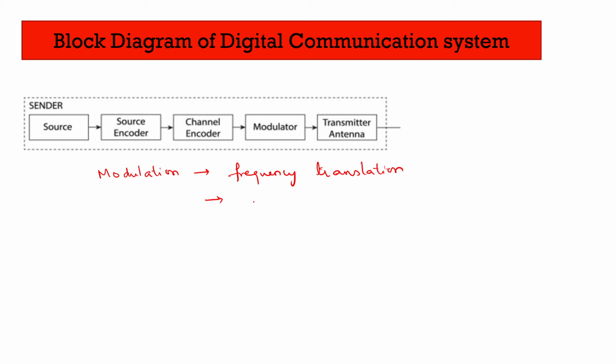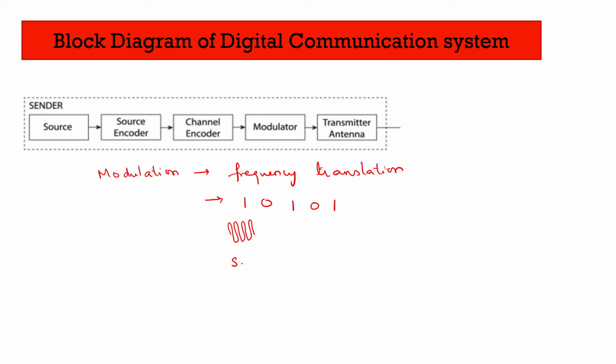For example, if I have a bit stream like this, 1 0 1 0 1, and we are transmitting one bit at a time using the digital modulator.